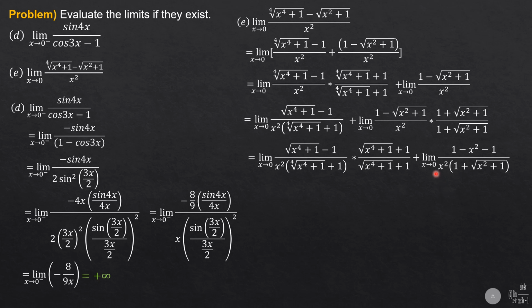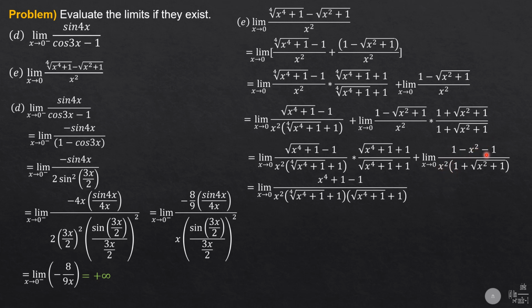Limit as x approaches 0. So this reduces to negative x squared over x squared, which is negative 1 over the remaining terms in the parentheses. This first term reduces further to the square root of x to the fourth plus 1, minus 1, over, we copy the whole denominator. And this becomes negative 1 after we cancel x squared.